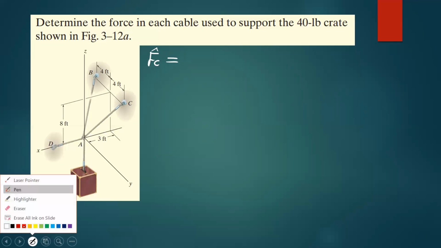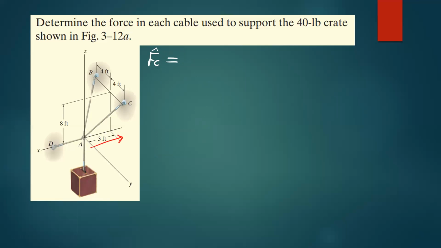In the X, it's moving 3 units, and the X is negative because it's going this side. In the Z, it's moving 8 units going towards the positive. Then in the Y, it's moving 4 units.